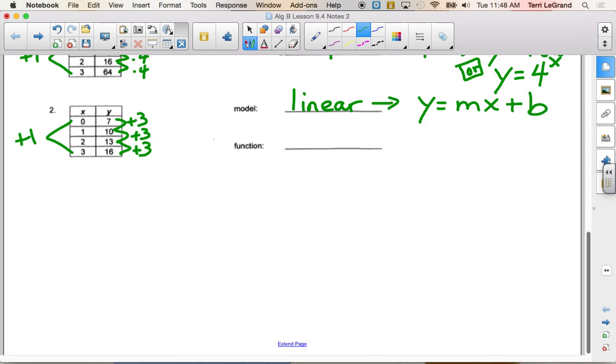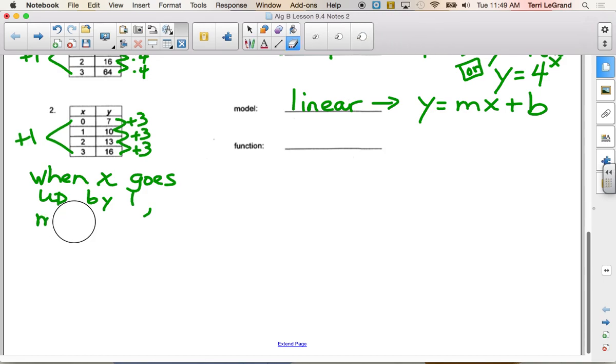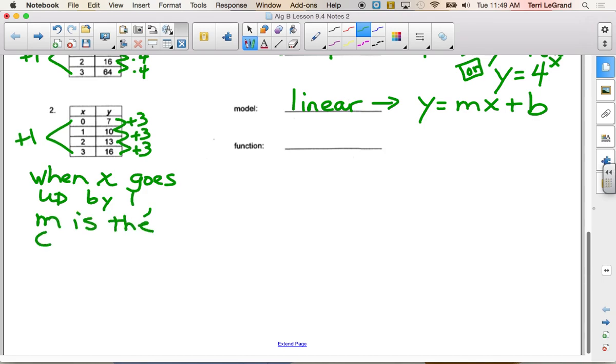Now, I have to clarify something that I might have left a little bit too big a gray area where there could be a change. Let's write that in our notes. You guys have room underneath there. When x goes up by 1, m is the constant difference.